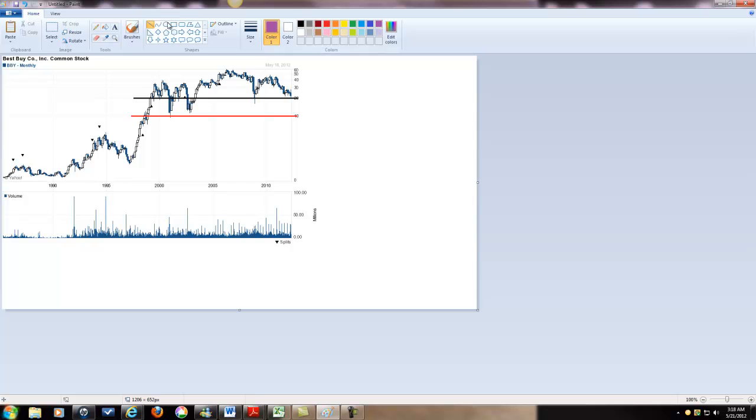As you can see, I've got support there, support there, and then there's support up here, which is that 12 to 13 range I was talking to you about. So these are my assumptions for Best Buy.